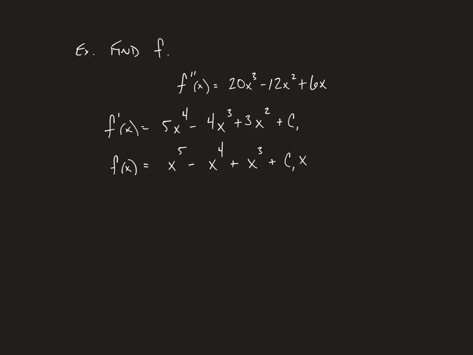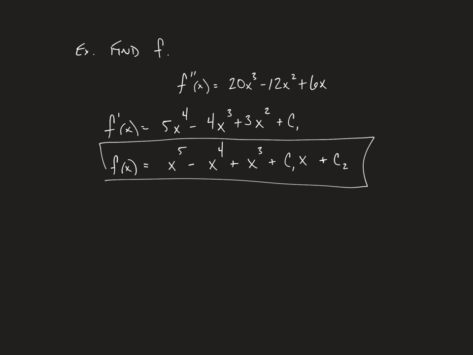Now, if that constant was 0, then this is going to disappear anyway, but I do need to account for the fact that there could be something there. Plus another constant that could exist. So we've taken 2 antiderivatives here, and we need to remember that there could be other constants in that spot. So that would be your f of x function.